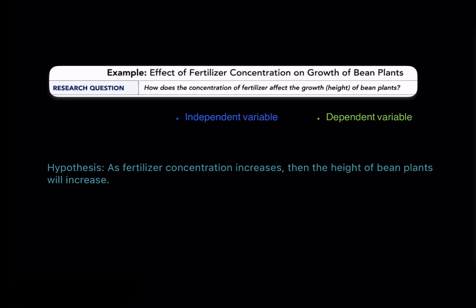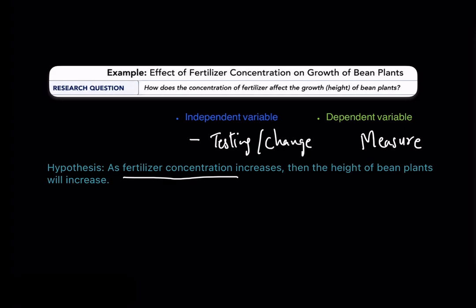Now, coming to the independent variable and dependent variable. Remember, independent variable is what you are testing, or the variable that you change. And dependent variable is the variable that you measure. From a question or from a hypothesis, it's very easy to figure out what your independent variable is, what your dependent variable is. If you look at the hypothesis or the question, you clearly see that we are testing if fertilizer concentration changes, how does that affect the height of bean plants? So what are we changing? What are we testing for?